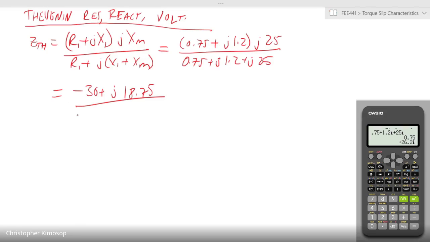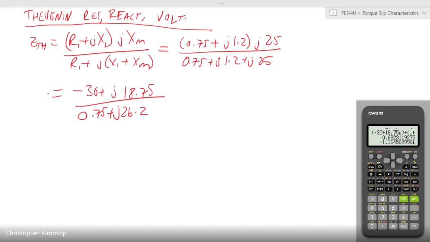This gives us 0.75 plus j26.2. So dividing those two, negative 30 plus 18.75j divided by 0.75 plus 26.2j.